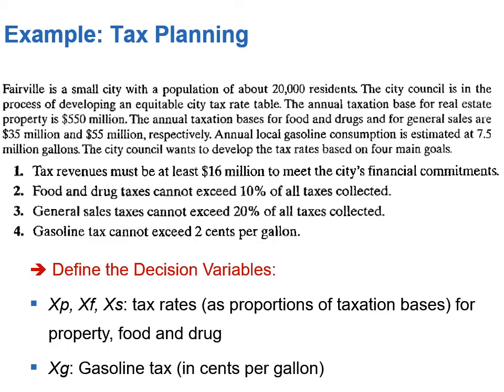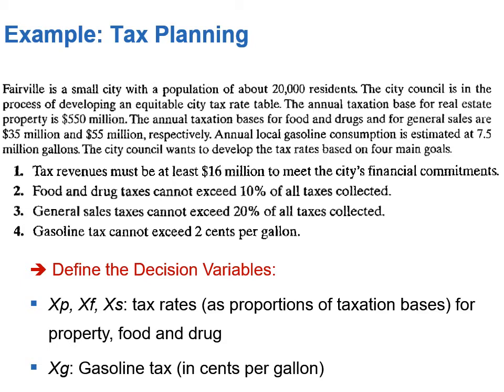The first thing is to formulate this problem. So the problem is given here. Again, in formulation, we do as we did before. First thing is to define our decision variables. What are we trying to decide on? Think about this.